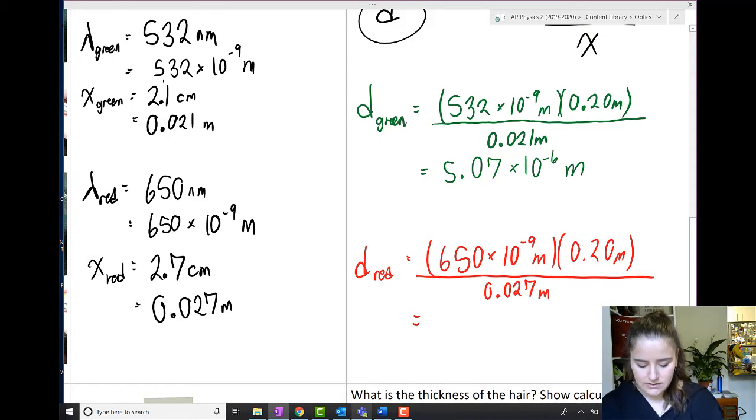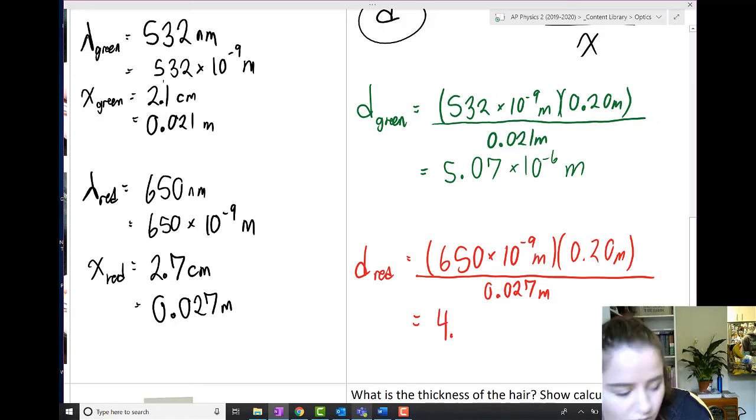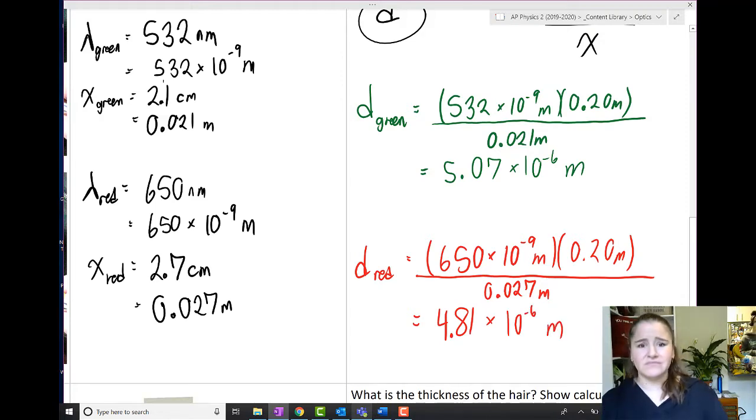To the negative 9th times 0.2 divided by 0.027, and we get 4.81 times 10 to the negative 6 meters. Okay, so they're both at right around 5 times 10 to the negative 6 meters. Okay, a little bit off, but not too bad.